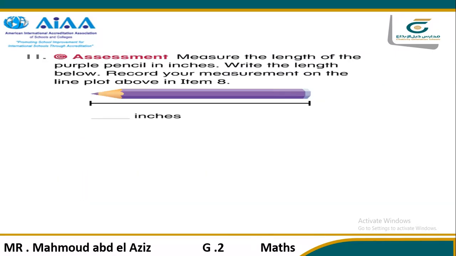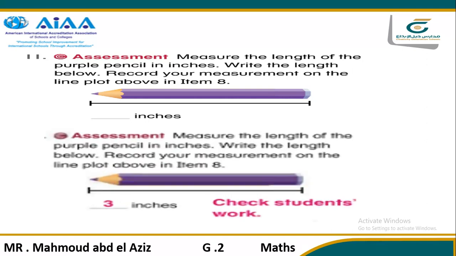Another question. Measure the length of the purple pencil in inches and write the length too. Record your measurement on the line plot above in item 8. So here we have the purple pencil. If you measure it with your inch ruler, you will find it equals 3 inches.